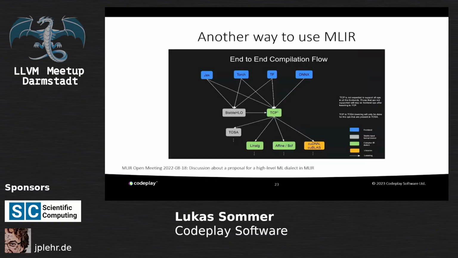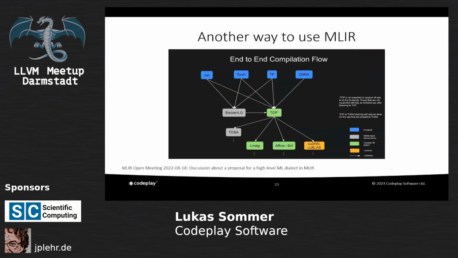That's another way. All of these boxes here are MLIR dialects. So you come from TensorFlow, you come from PyTorch, you come from ONNX, which is essentially also a machine learning format. You go to something called TCP, tensor compute primitives. So essentially a few primitives operating on tensors as a data type, or something called StableHLO, which is similar.